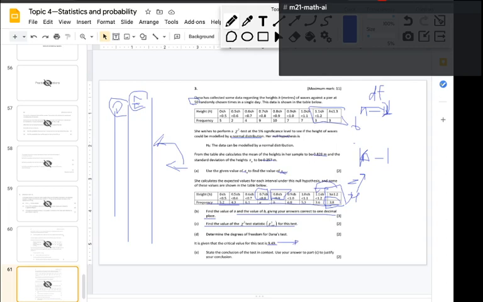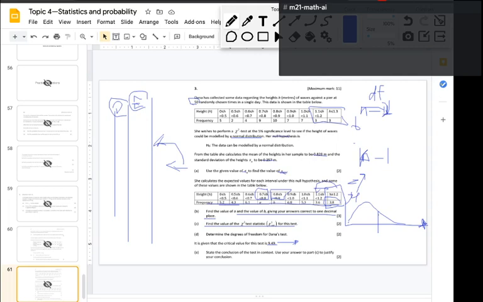The shape of the chi-square distribution is something like this. I don't know exactly how it looks, it changes depending on the degrees of freedom, but it's kind of a skewed-ish shape. Let's say this is an estimate of it.